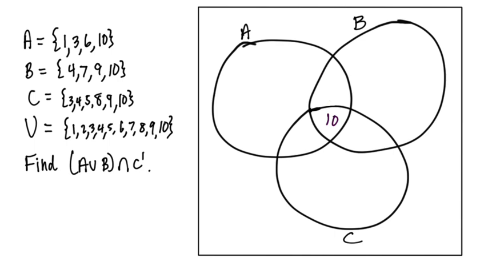Let's look for the elements in common for B and C. With B and C, we have 4 and also 9 in addition to the 10, because the 10's already in the intersection here of B and C. So we need to add 4 and 9.